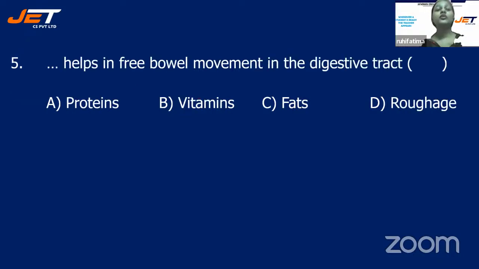Here we have the next question: what helps in free bowel movement in the digestive tract? I am sure you must have read about this, and your options are proteins, vitamins, fats, and roughage. Come on, quickly answer.